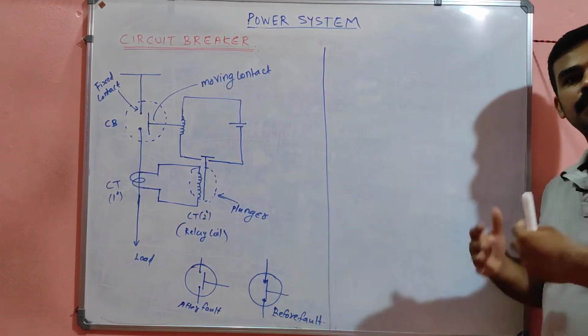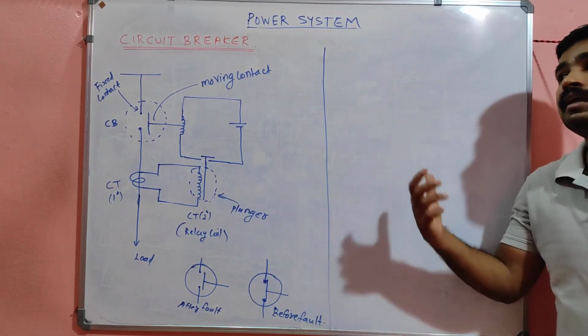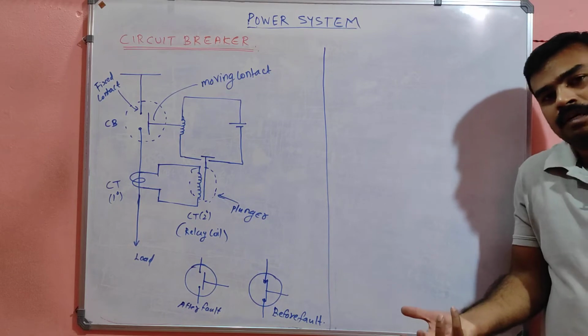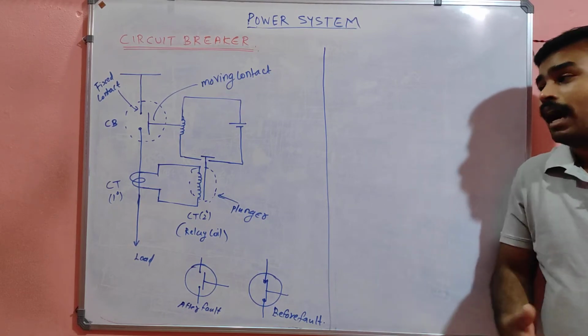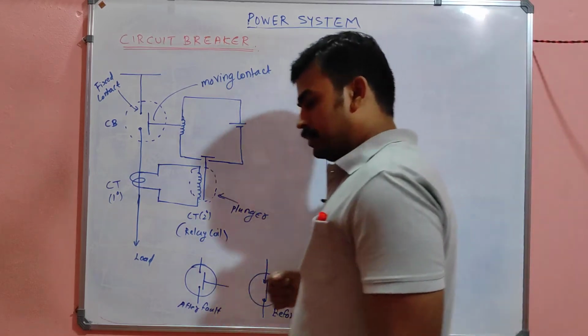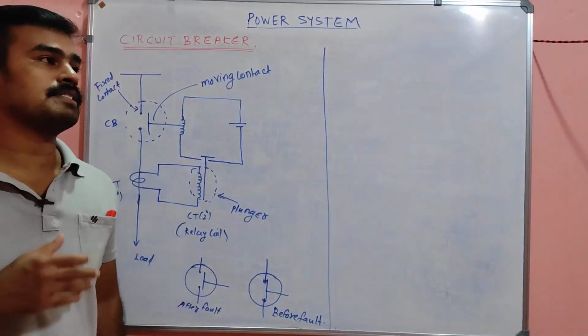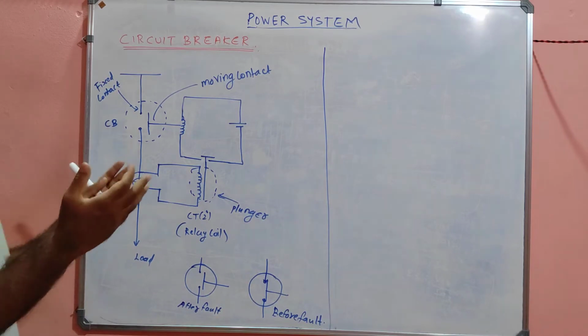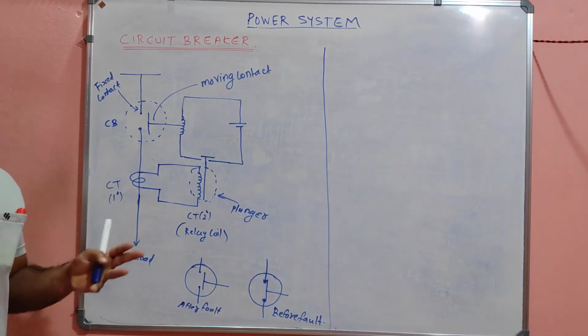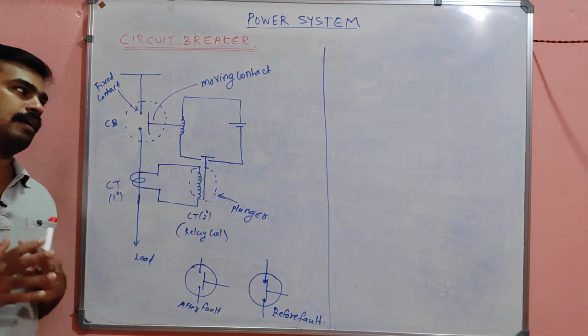The breaking can be done automatically, but the making is not done automatically by the fuse. We have to make it manually. But in the case of a circuit breaker, the making and breaking of the circuit is done automatically. That is the difference between a circuit breaker and a fuse.